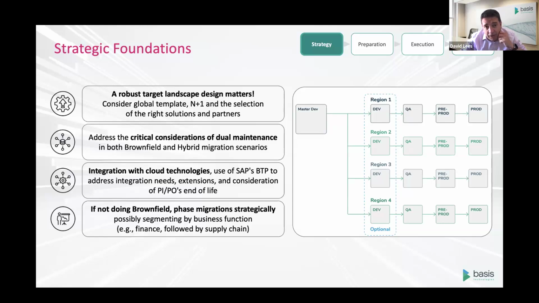I think in one of Martin's slides, it talked about deploying a global template, maybe into a pilot region or business unit, followed by the phases or waves to continue that rollout throughout the rest of your business or throughout the rest of the globe. So these are some of the areas to consider as part of your strategic planning for the S4 transformation.